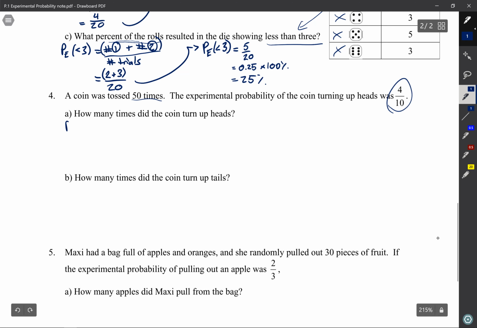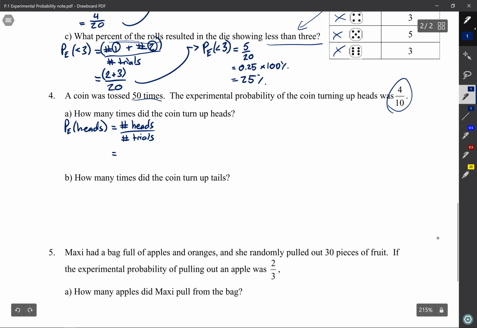So we'll write down our formula first. The experimental probability of heads equals the number of successful trials, which is the number of heads, divided by the total number of trials.